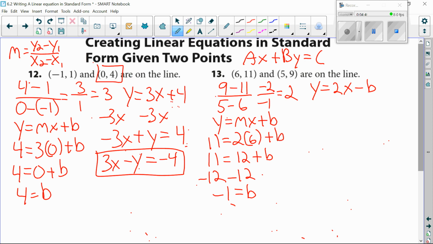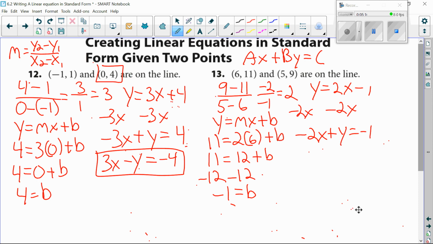Oh, let me fix this, not b, 1. All right. Now I'm going to move my negative 2x to the other side by subtracting 2x on both sides. That's going to leave me with a negative 2x plus y is equal to a negative 1.